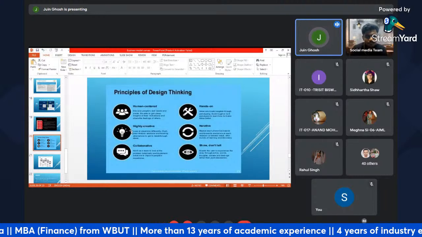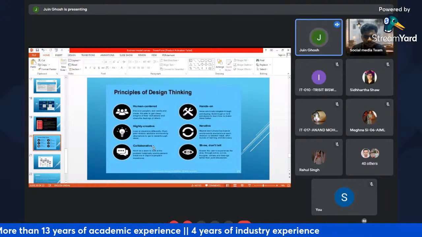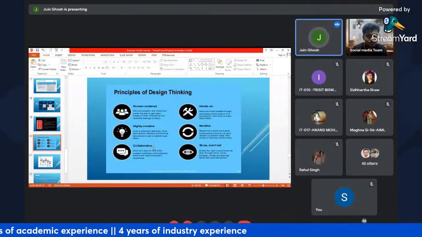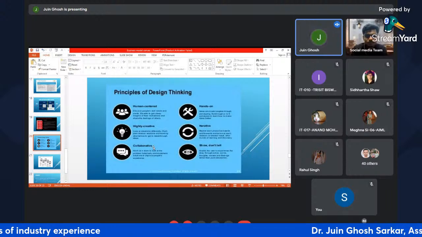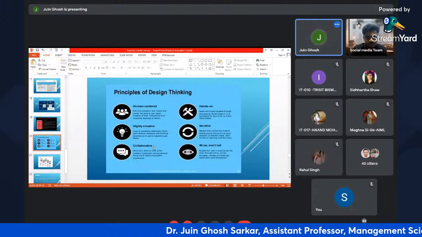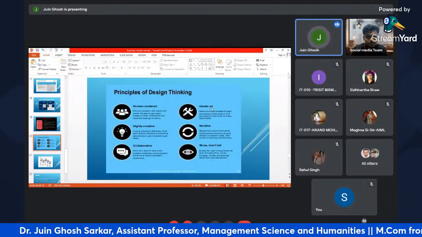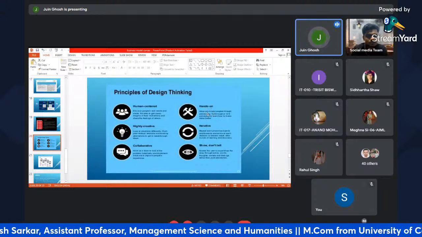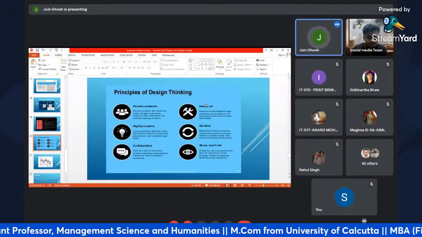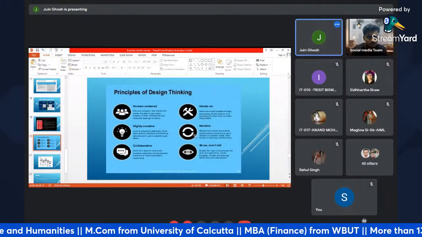Something out of the box should be there. Collaborative, because a business cannot succeed until and unless it has proper collaboration with the management and the stakeholders. Then hands-on, since you are initiating the products for the first time, so total involvement is needed.